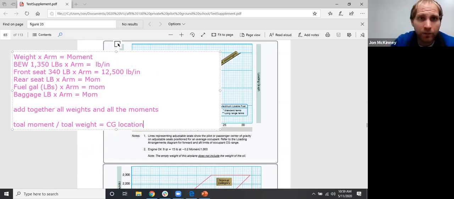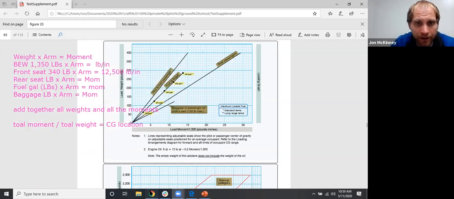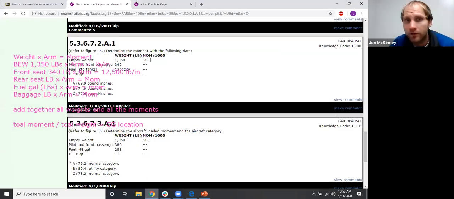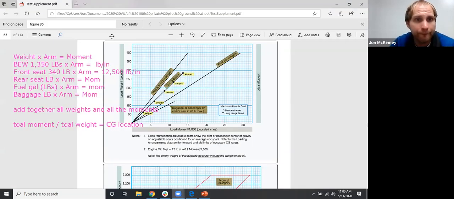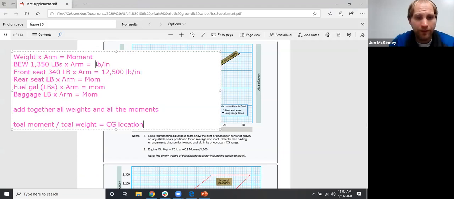So I think we're probably going to need to click to find out. It says 51.5. That was given to us in the information in the beginning of the problem. So here, if I put 5.1, I could put 0.5, but I'm going to put comma 500, and I'm going to use the big numbers for my moments.